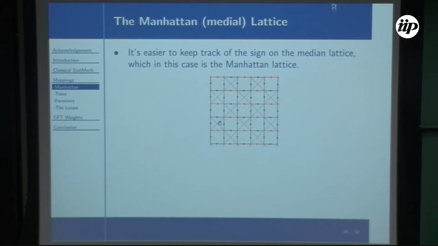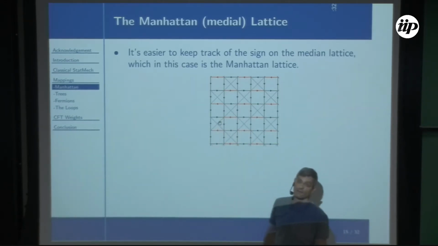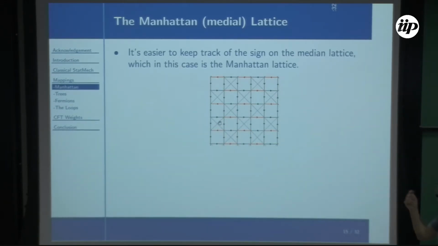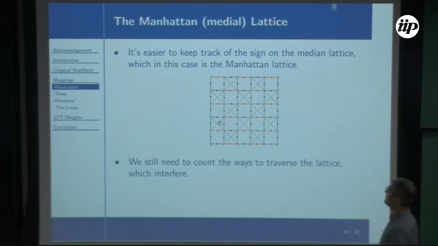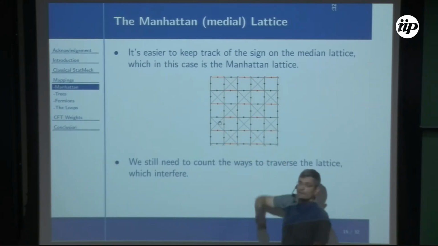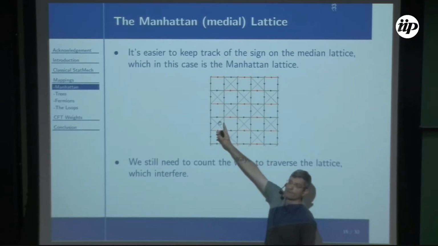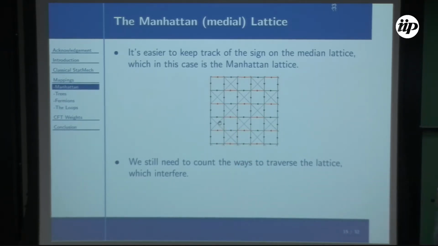So the Chalker-Coddington model can equivalently be thought of as an electron moving on the Manhattan lattice by just thinking about which links the electron passed through on the original lattice as vertices being visited on the Manhattan lattice. Okay, but we still need to count all the ways we traverse this Manhattan lattice. So an electron takes some path on this Manhattan lattice, picks up a sign, which is very obvious here because it's the red links, and we still have to keep track of that.